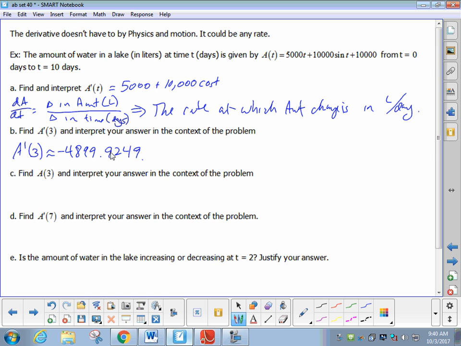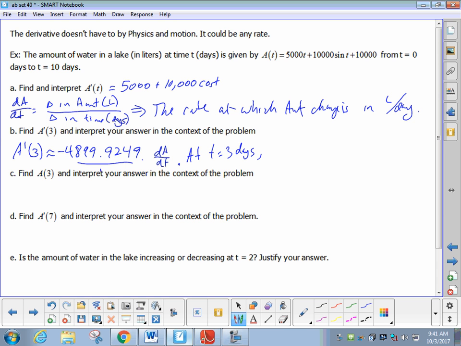Now the interpretation. This is change in amount over change in time. Start with the time frame. At time equal 3, what are the units on time? Days. Time equal 3 days. What? Change in the amount over change in time.